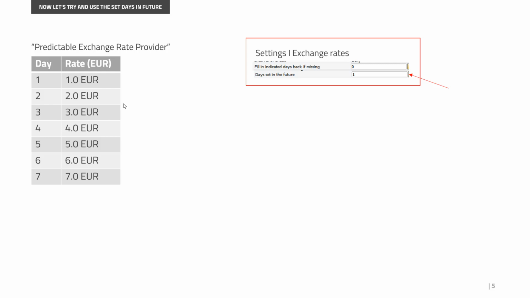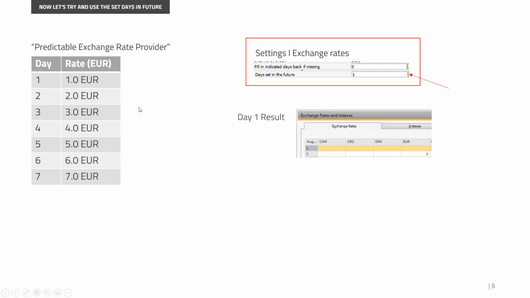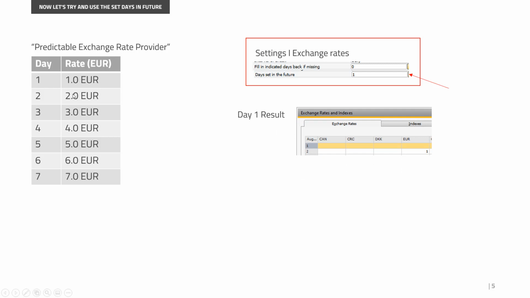The way it works is that on day 1 it will set day 1's rate on day 2, meaning 1 day into the future. It will not set anything on day 1 itself.